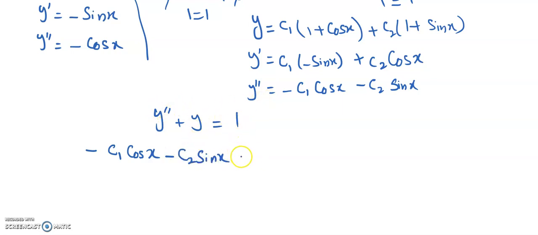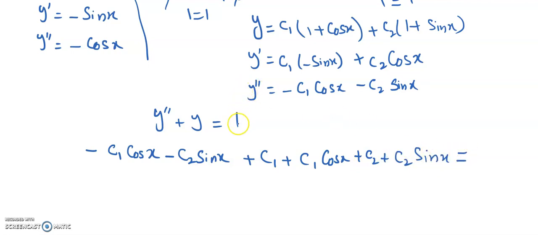Okay, so that is y double prime, and then y is C1 plus C1 cosine of x plus C2 plus C2 sine of x is equal to 1. So from here, minus C1 cosine of x plus C1 cosine of x, these two cancel. Minus C2 sine of x plus C2 sine of x cancels. But what we are left with is C1 plus C2 is equal to 1.